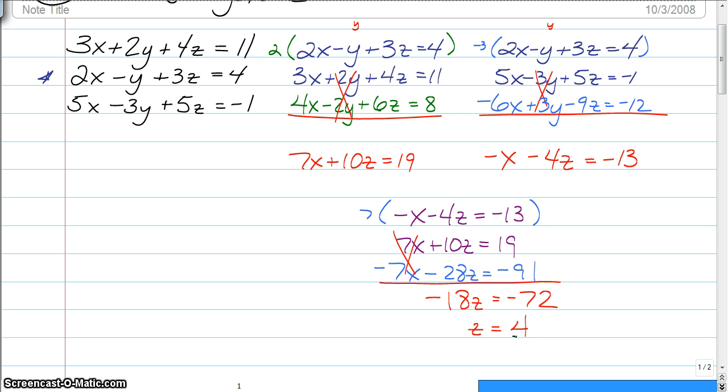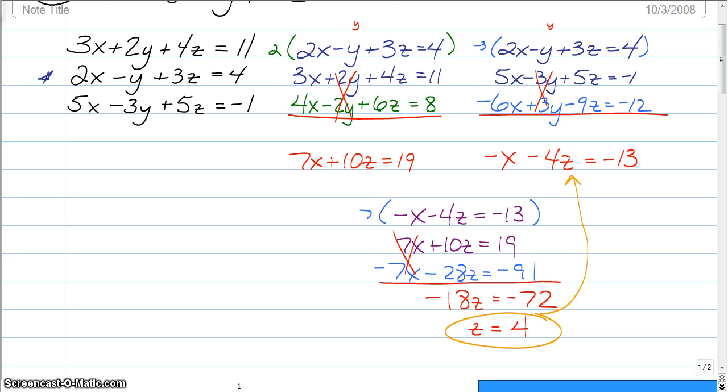So it took all of that work just to find the first of 3 variables. But now that you have it, the rest really isn't that bad. What you're going to do is take this z equals 4, and substitute it back into one of these 2 equations. So it could be this one, or it could be this z over here. It's up to you. And now you're going to go solve for x.